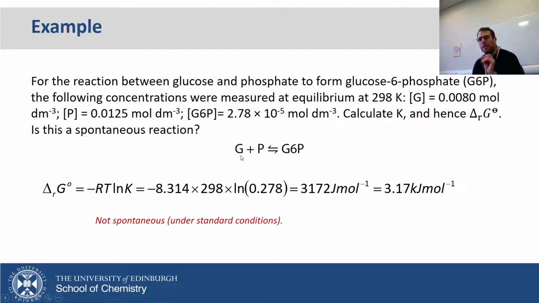So that's our experimental value, what we're actually observing in our system. Then we can relate that to delta G and ask, under standard conditions, will this reaction be spontaneous? When we do the calculation, we get a positive value, so it is not spontaneous. So relating delta G and K essentially brings all the thermodynamics we've been thinking about and relates it to experimental lab-based science.